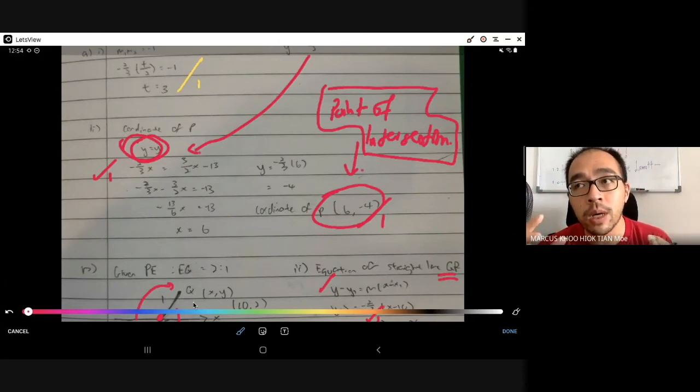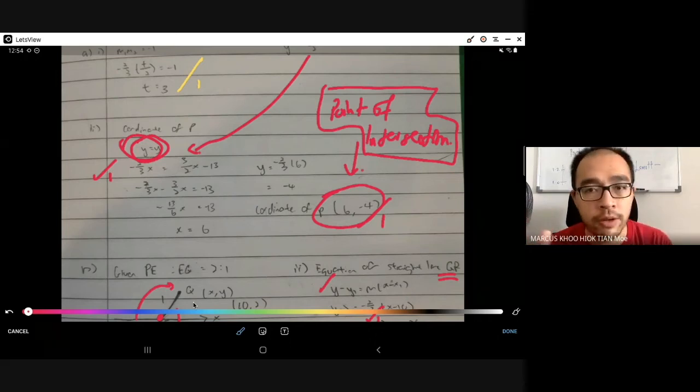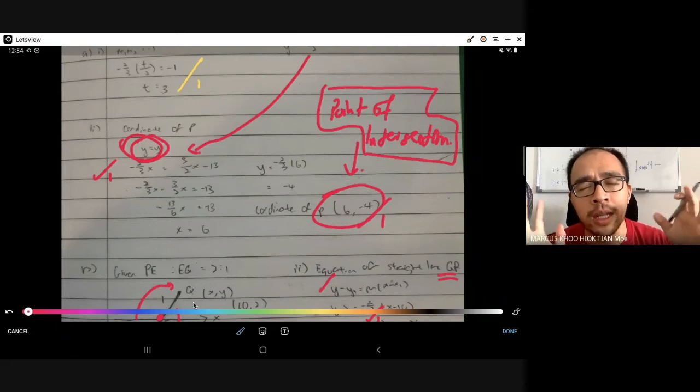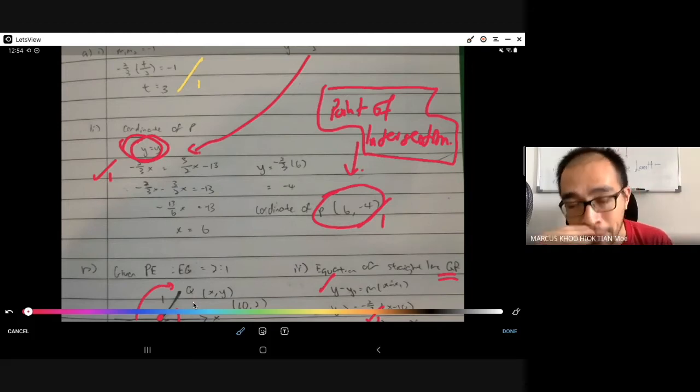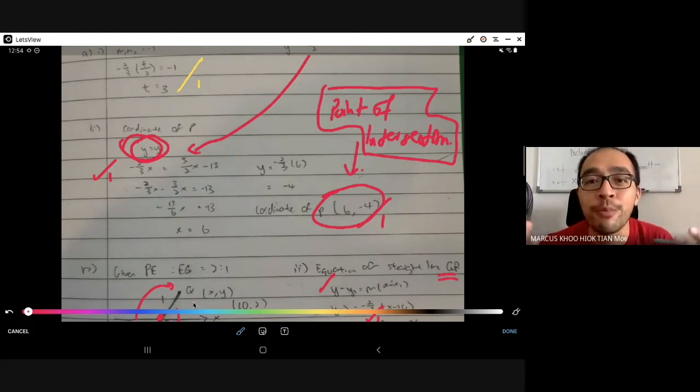So in one question, they can actually jam the whole chapter into one question. When you do revision for this chapter, you shouldn't be revising separately. You should be thinking, in coordinate geometry there's all this, I need to know which situation I should use which particular skill. And of course, the only way to improve is to constantly practice.